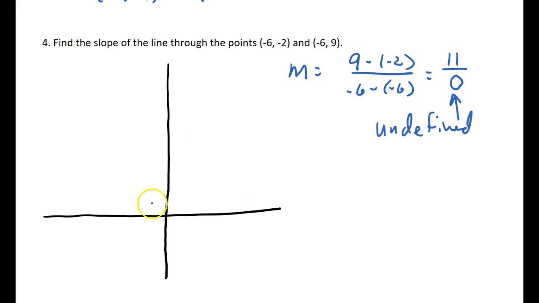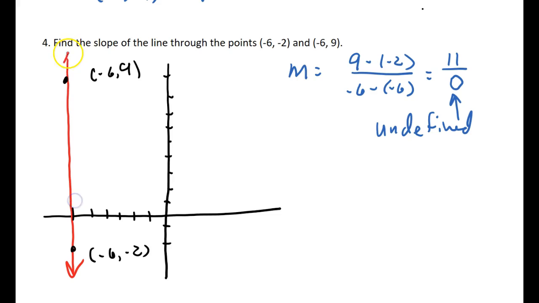Okay? If we graph these points, okay, so if I go back to 1, 2, 3, 4, 5, 6, and then up to 9, 1, 2, 3, 4, 5, 6, 7, 8, 9. Okay, here's the point at negative 6, 9, and negative 6, negative 2, and I draw the line between them. Guess what kind of line we get?